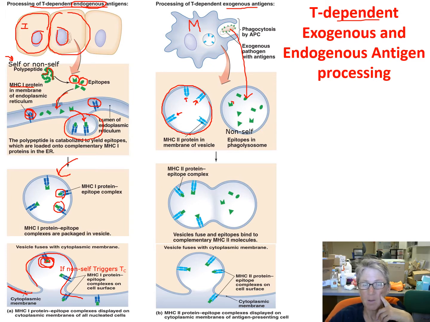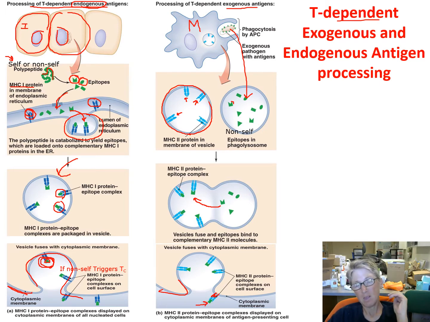And then the vesicles fuse, and you load your epitope antigen onto your MHC2 complex, and then it's the same thing that comes up here to the cytoplasmic membrane. This gets flattened out to the outside, and you've got your MHC2 protein displaying an epitope.